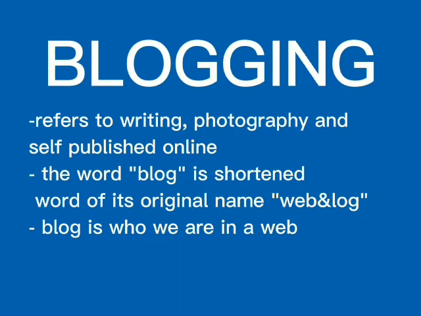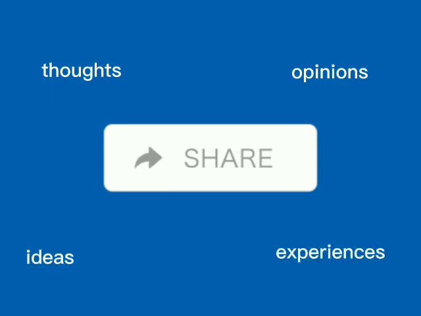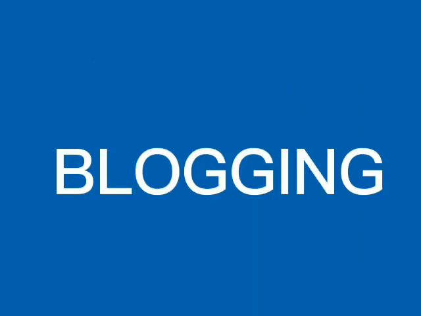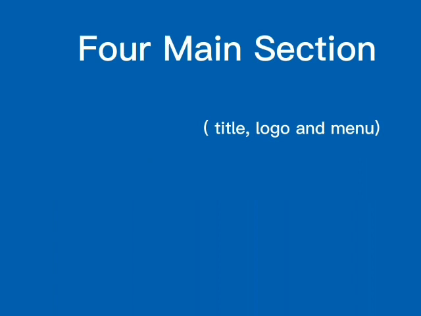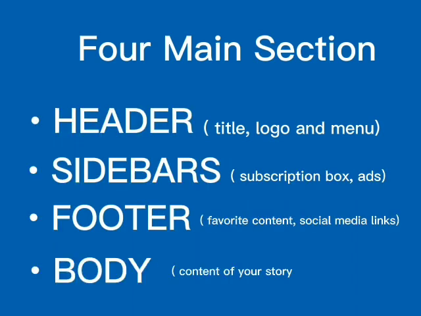A blog is an expression of who we are on the web. You can share thoughts, opinions, ideas, experiences, news, and anything, whether it's a personal journal or a record of events. Blogging is composed of four main sections: the header, the sidebars, the footer, and the body.